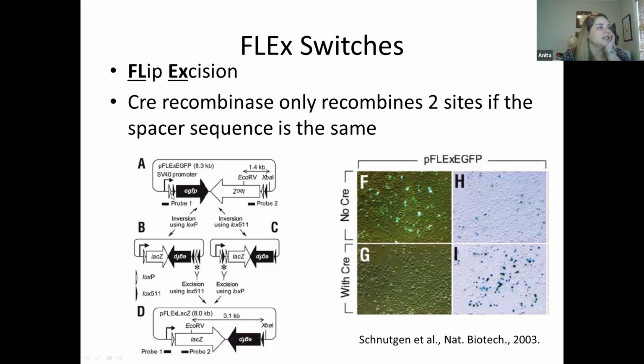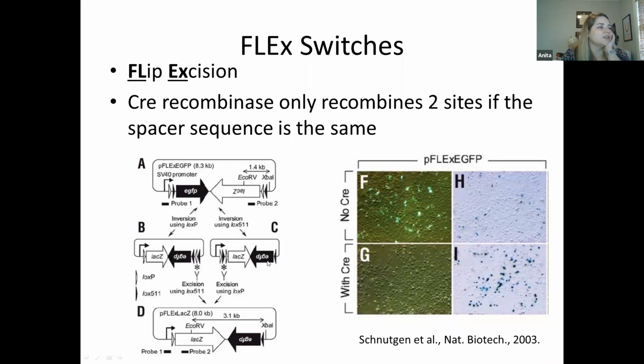So you could have one reaction with the wild type sites or one with the mutated sites, two different reactions that can happen. In one case, you get an inversion with one set of LOXP sites. Because these alternate in sequence, once it reverses, you end up with one LOXP site between the mutant sites.